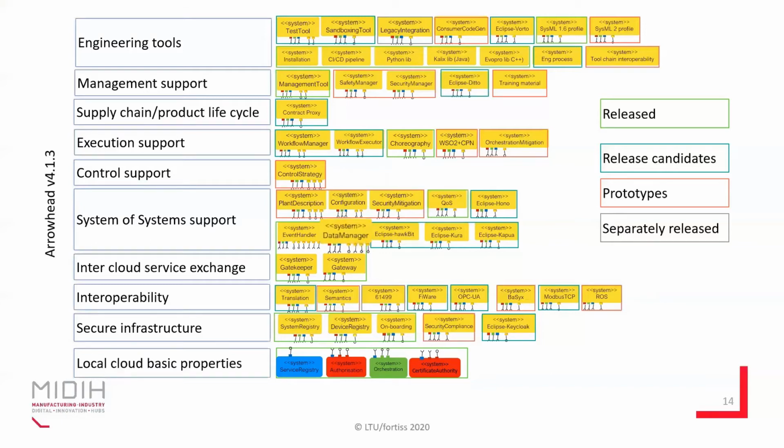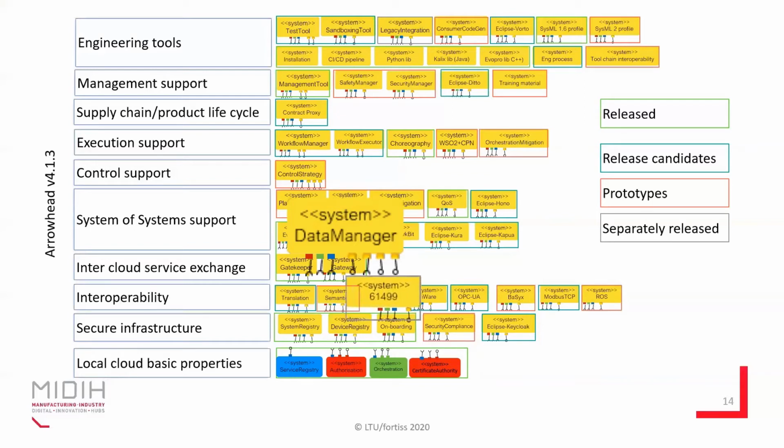The Data Manager system is used for storage, processing, and visualization of large amounts of data, mainly sensor data. And in the use case that we're going to show soon, there was a need to use this stored sensory data. And of course, you have interoperability plugins, such as the ones for IEC 61499. And that's, again, something we're going to look at today.